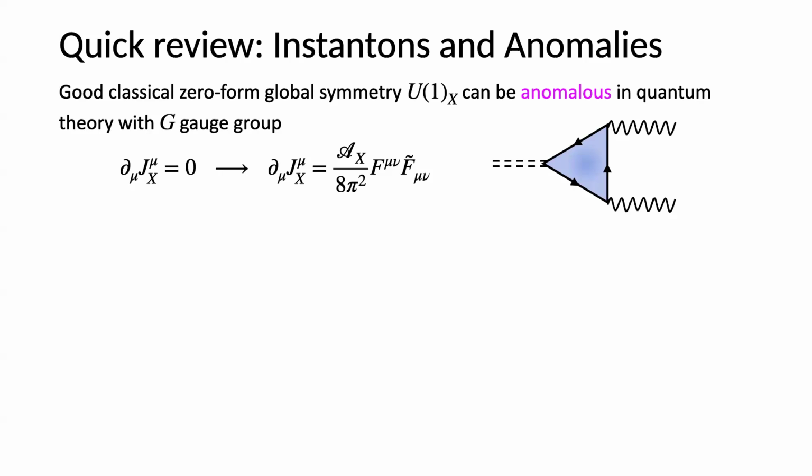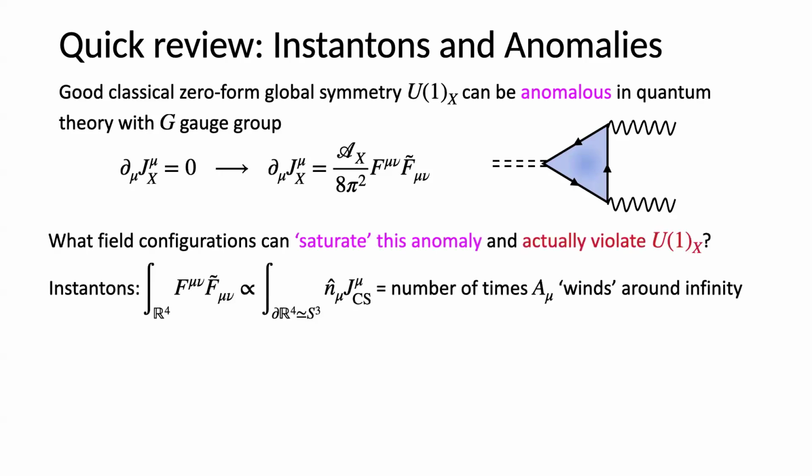Great. Now, okay, so U(1)_X is at least formally violated here, but how do you actually see that this symmetry gets violated? What sort of field configurations can turn on this F F-tilde term and actually lead to some violation of this X quantum number?